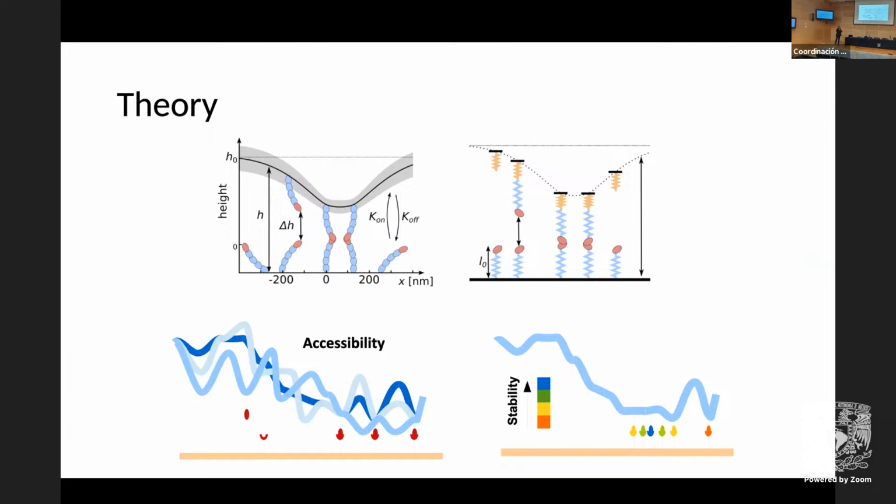For cell membranes, it's the same. For cell membranes, there is the glycocalyx, which is keeping the two cells apart. And if there was no means to penetrate the glycocalyx, the first bond would never happen. And that's where what Pierre was talking about, tiptoe, becomes important. We'll see this later. So accessibility.